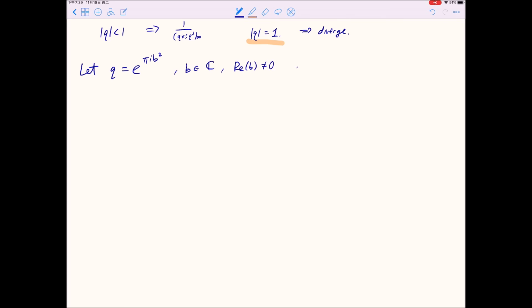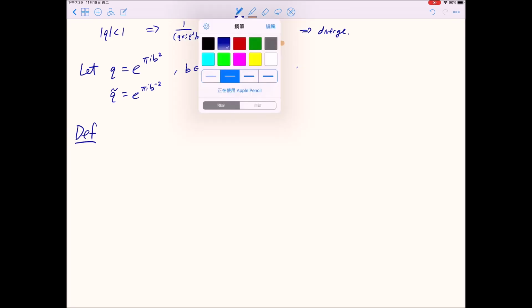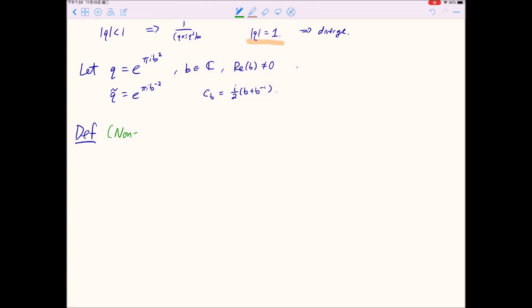And we also introduce the following notation, q tilde, so this will be e to the pi i b inverse squared. And finally, we introduce this constant. Then the non-compact quantum dilogarithm is the following.